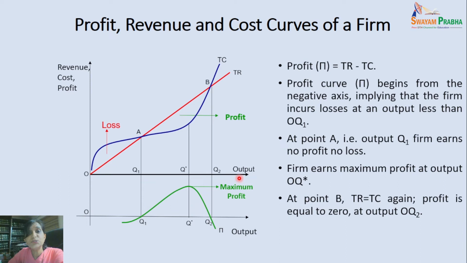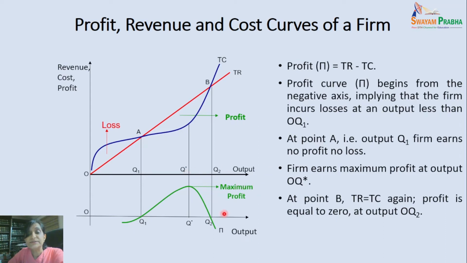So what does the total approach tell us? The total approach tells us to see the difference between total cost and total revenue. Wherever TR minus TC, the profit, is highest, that is the level of output the firm should produce so that it earns the maximum profit.